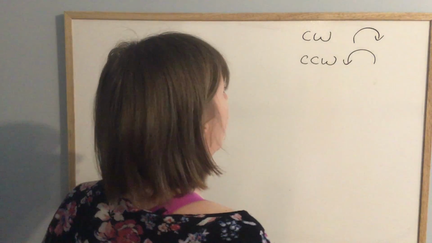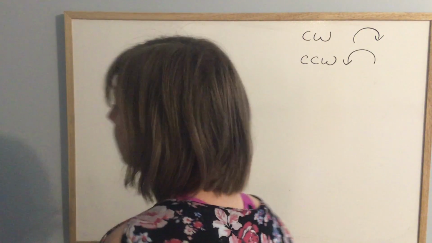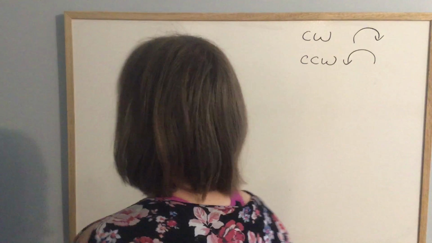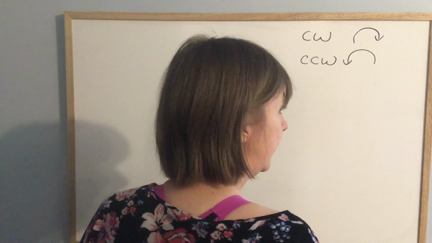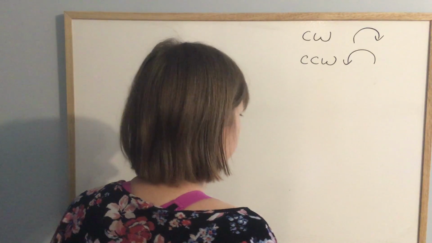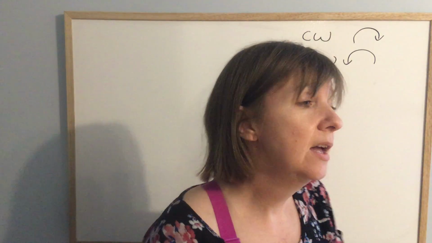If I did a 90-degree turn counterclockwise, I would go this way and be facing in this direction. If I do a 180-degree turn, direction doesn't matter, because I'm going to turn and face exactly in the opposite direction. It doesn't matter whether I go clockwise or counterclockwise, because I end up in the same place.